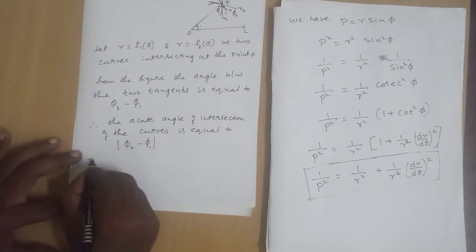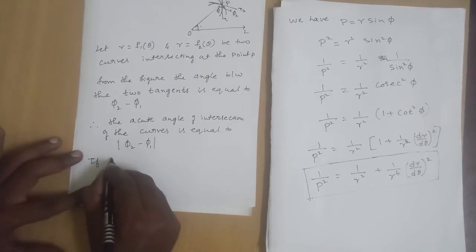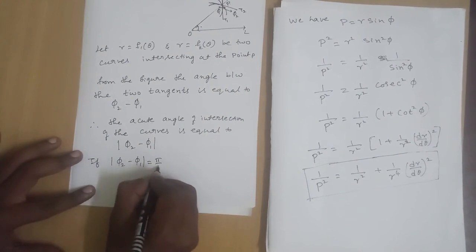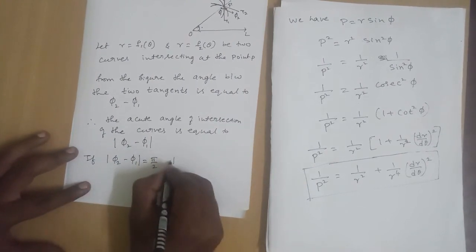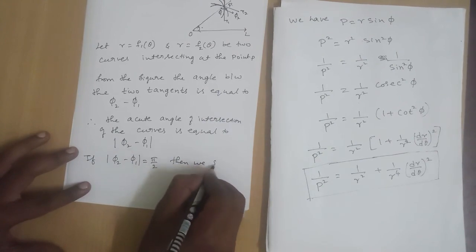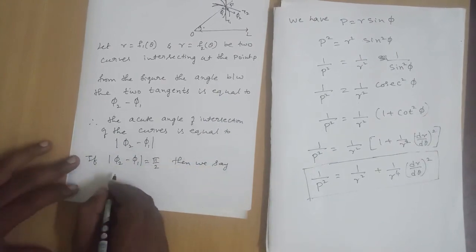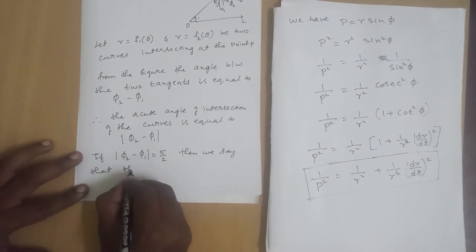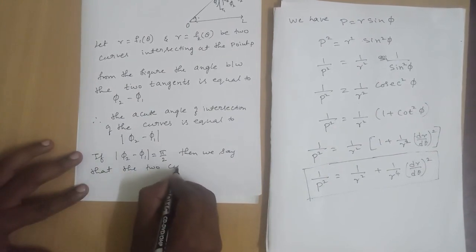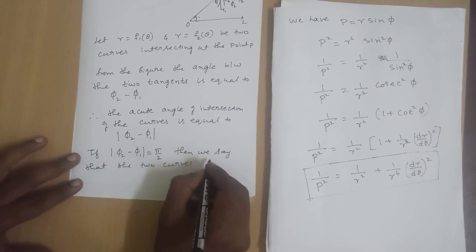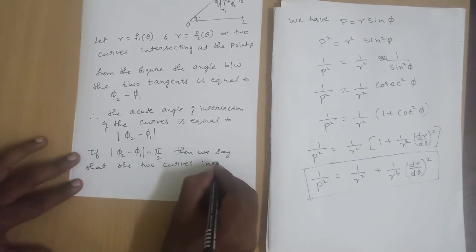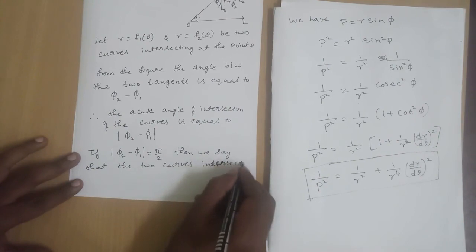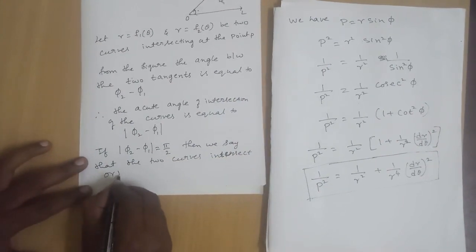So if mod phi 2 minus phi 1 equals pi by 2, suppose we get pi by 2, then we say that the two curves intersect orthogonally.